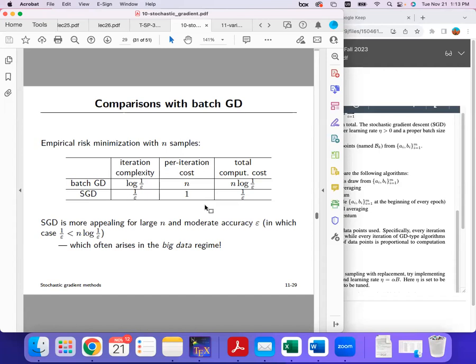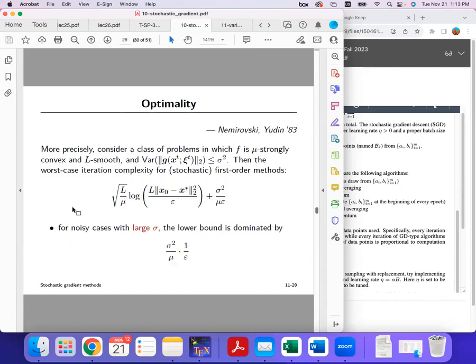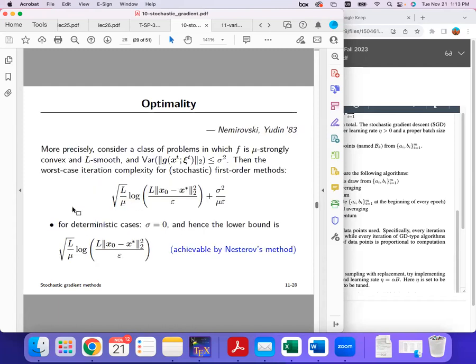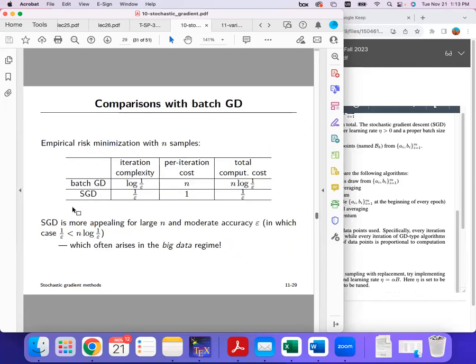We have shown in the previous discussion that these optimality results, these lower bounds, are about iteration complexities, meaning that you can never beat these complexities. But for the computation cost, when we further consider the factor of data size in this problem, the computation cost can be further improved between these two.